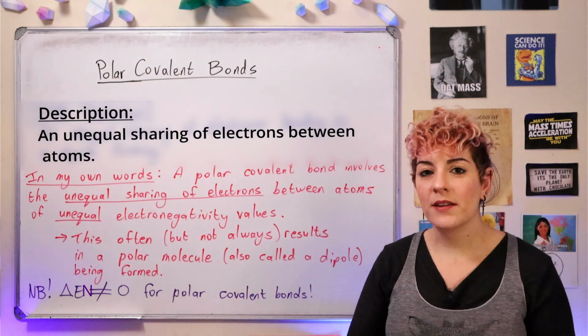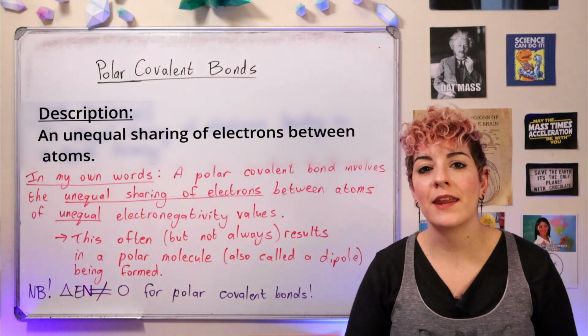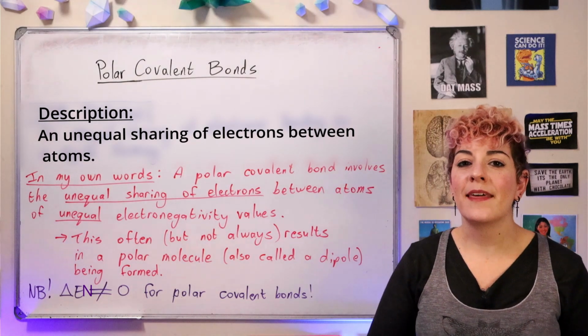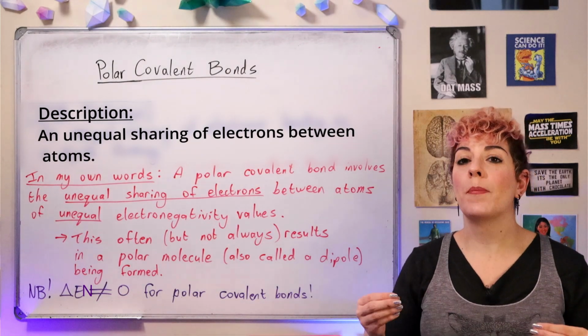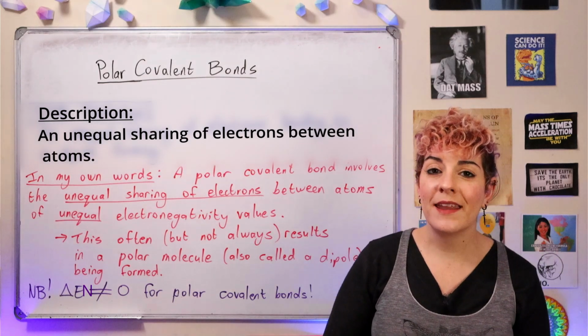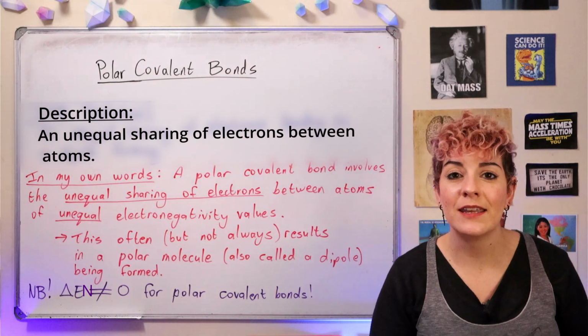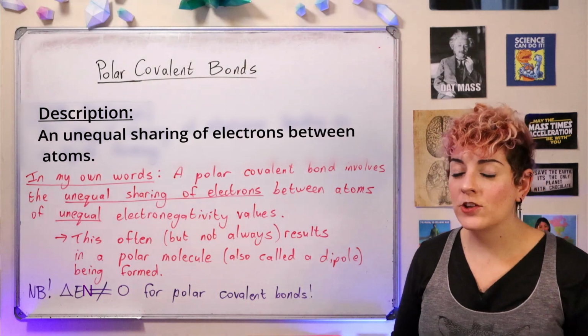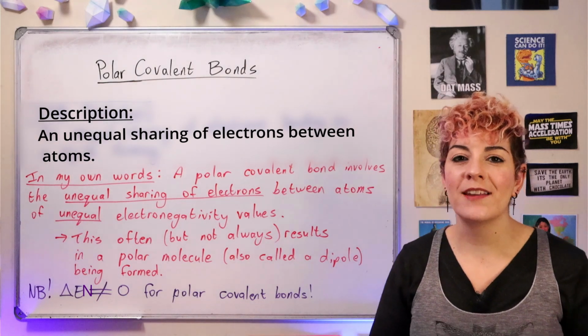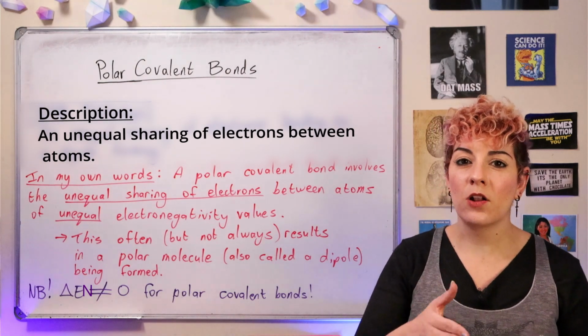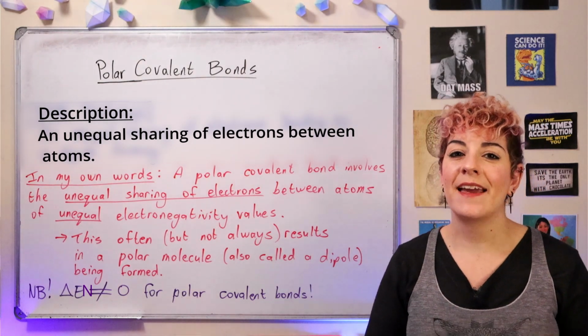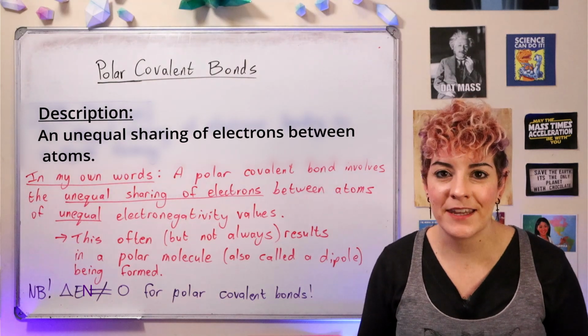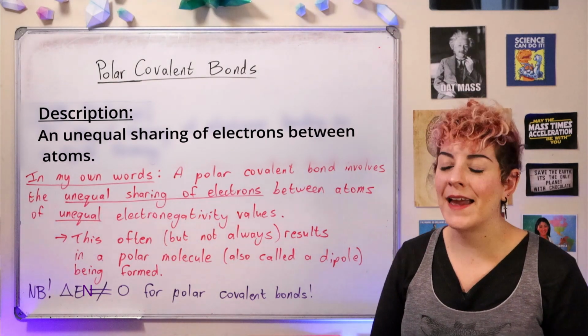Your two bonded atoms do not have equal electronegativities, and that is going to result in a polar covalent bond where the electrons are not being evenly or equally shared. In fact, you'll find in this case that the shared electrons are going to sit closer to the atom that has the higher electronegativity or attraction for those electrons.